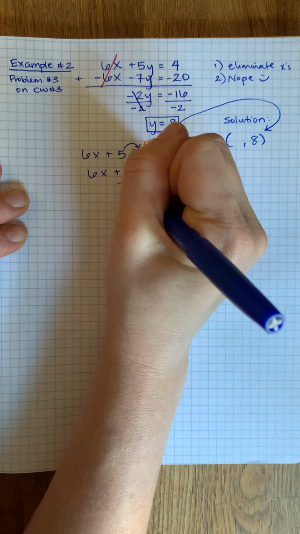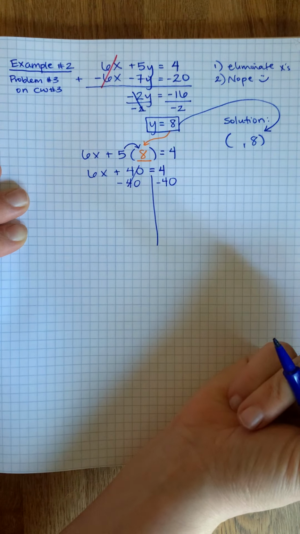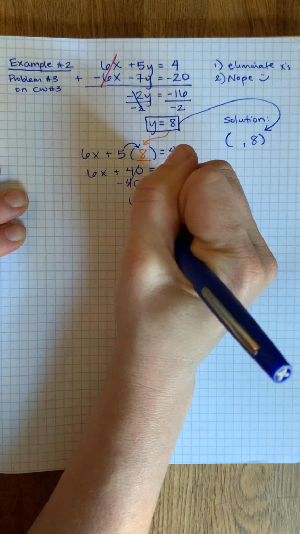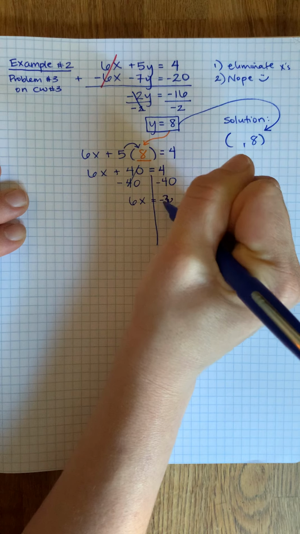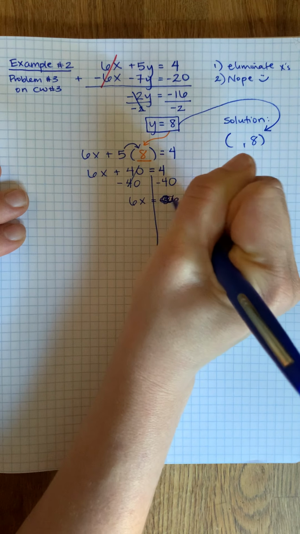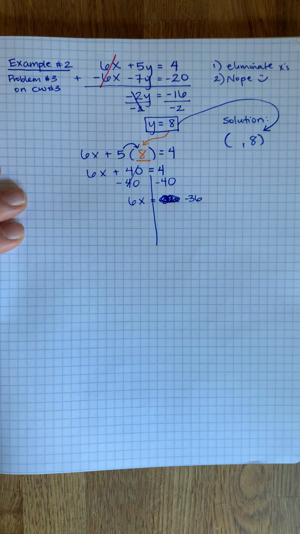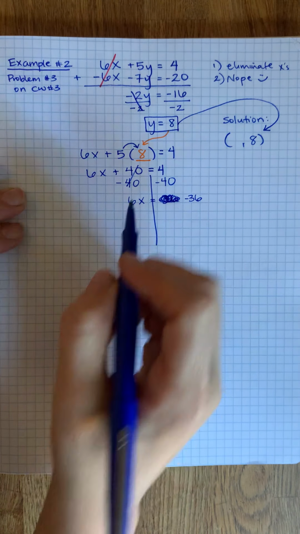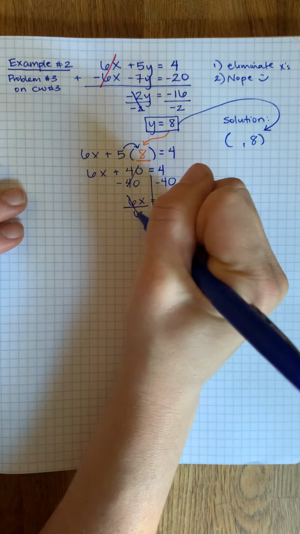I'm going to subtract 40 on both sides. That gets rid of those 40s, and I'm left with 6x equals negative 36. You can't read that. There we go. Sorry about that. Divide both sides by 6.